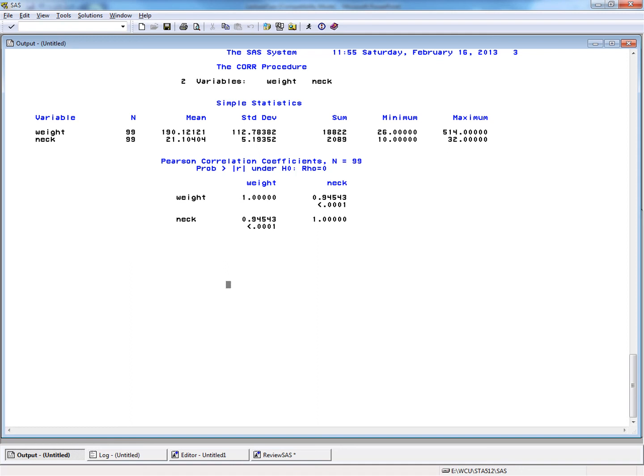Whether or not correlation is equal to zero, it turns out, is equivalent to testing whether or not the slope is equal to zero. And that means that any test will always have the same conclusion, because the tests will always have the same p-values.